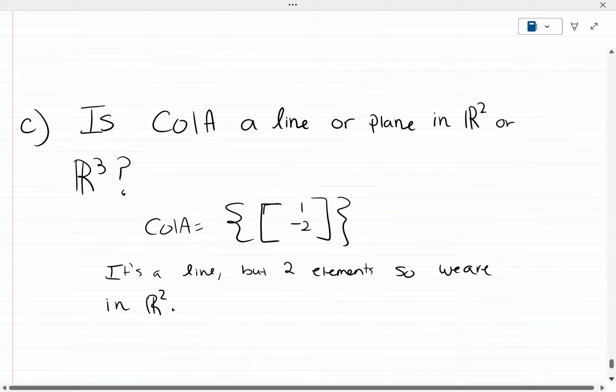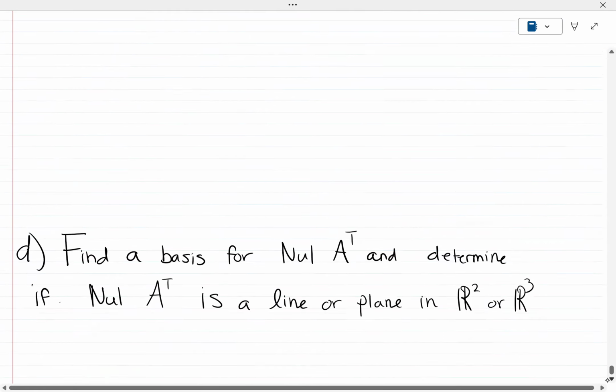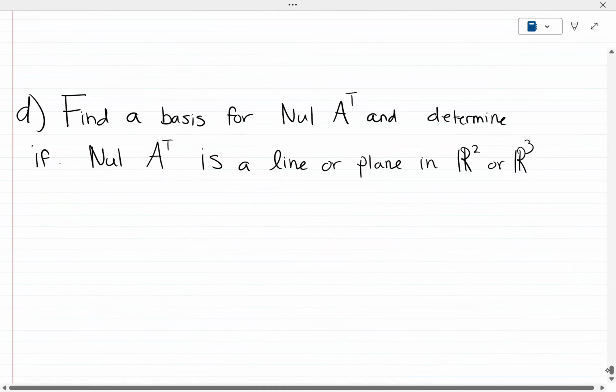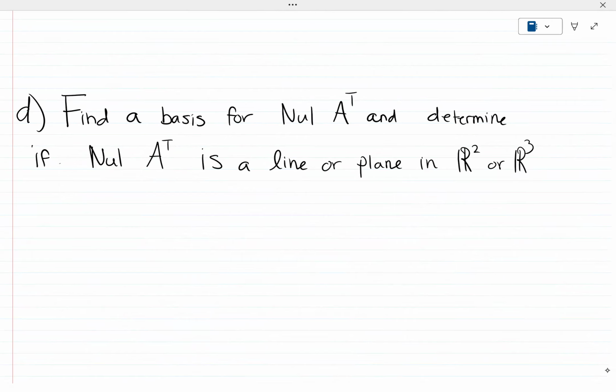Okay, last question. Question D says, find the basis for the null A transpose and determine if null A transpose is a line or plane in two space or three space. So null of A transpose was given, it was -2, 1. We have a line and we have two components, so we are in two space.